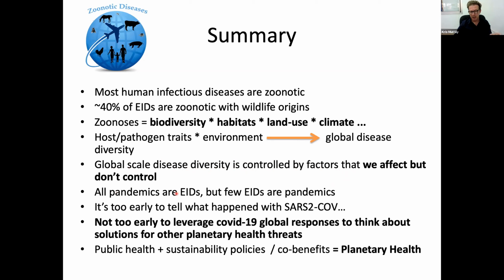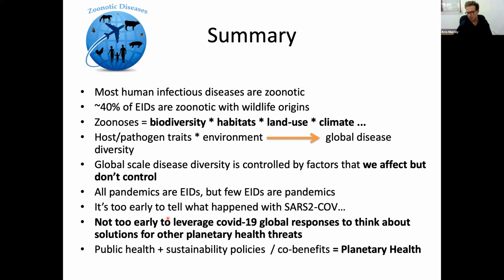Finally, all pandemics are EIDs, of course, by definition, but very few EIDs are pandemics. And since most of what we know about this process of spillover and emergence is around the whole group of EIDs, it's very difficult to say how one specific pathogen fits the narrative here without closer assessment.